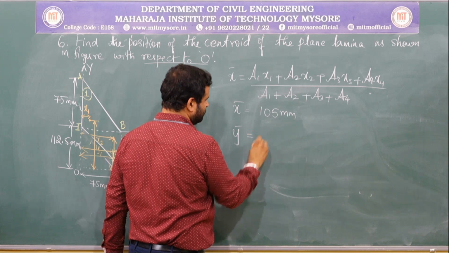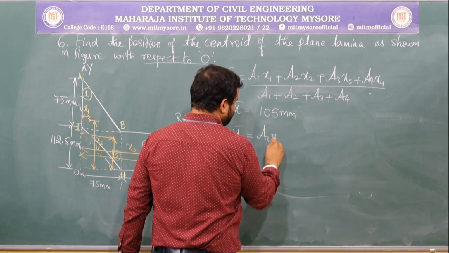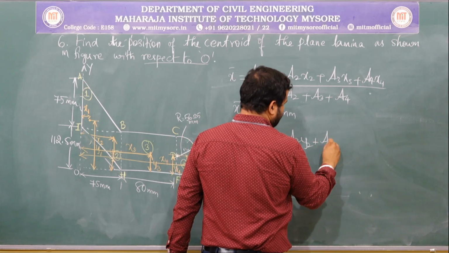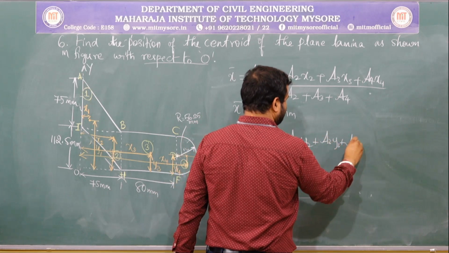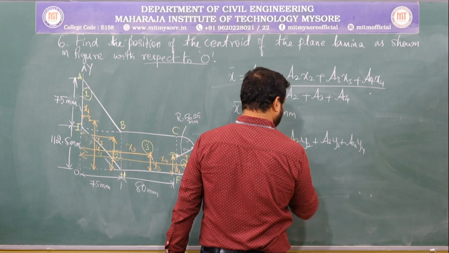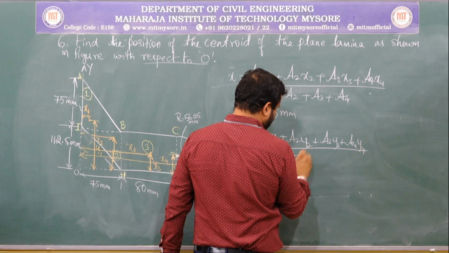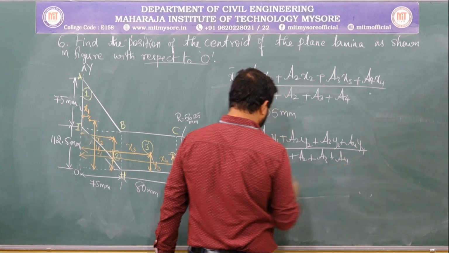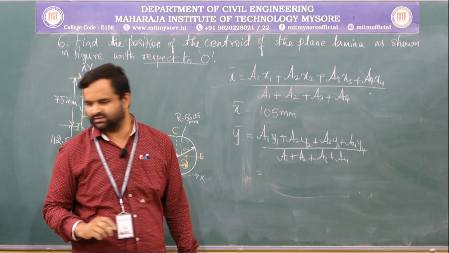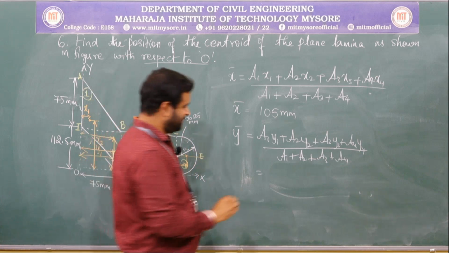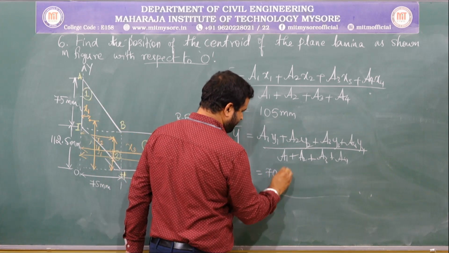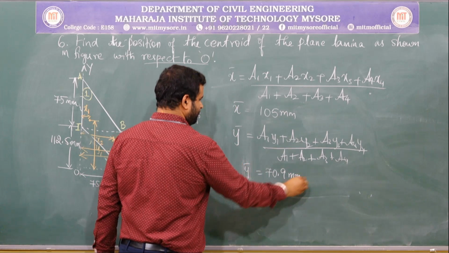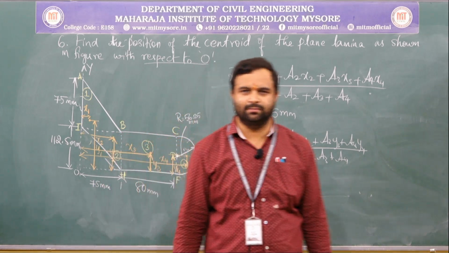Similarly, when you substitute y bar as a1 y1 plus a2 y2 plus a3 y3 plus a4 y4 whole divided by a1 plus a2 plus a3 plus a4, you get y bar as 70.9 mm. I hope you have understood this problem.